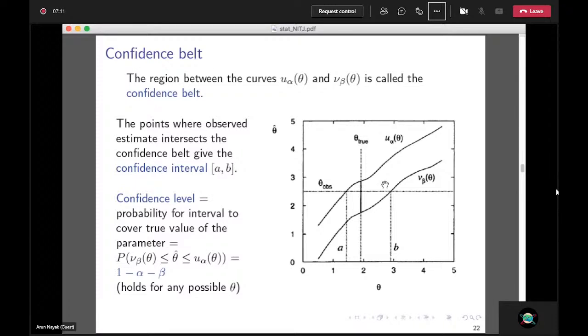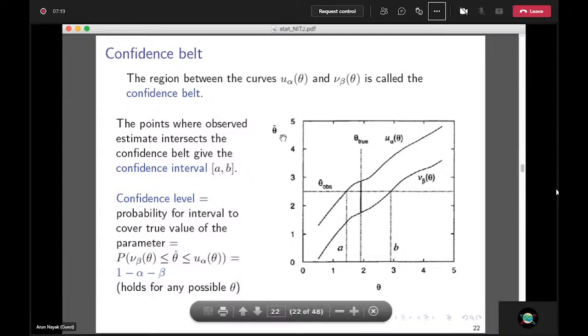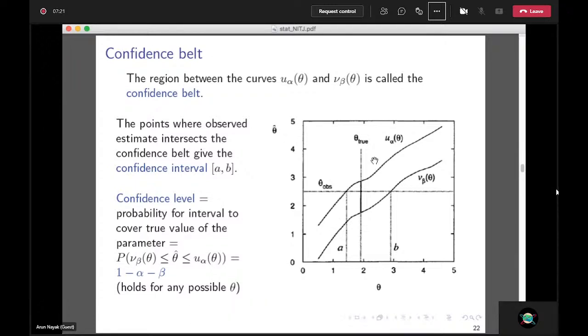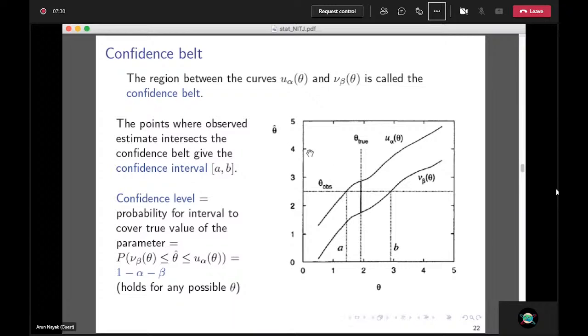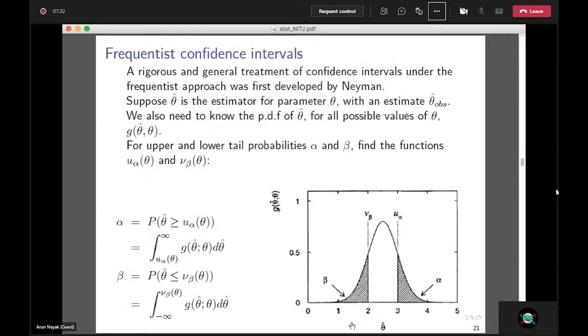Now, the region between u and v. In the space of theta and theta hat, you will have a curve for u alpha and a curve for u beta. As theta varies, your theta hat will also vary. Here the probability distribution is for theta hat for one given value of theta.